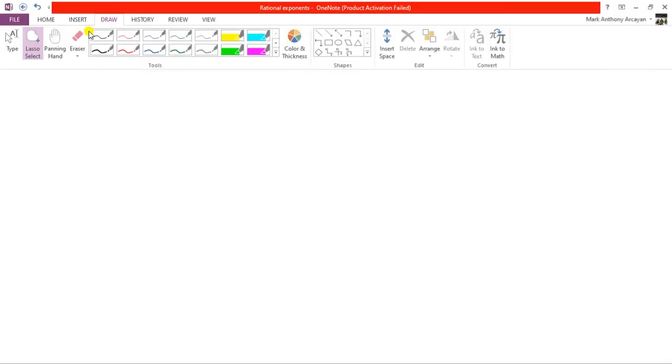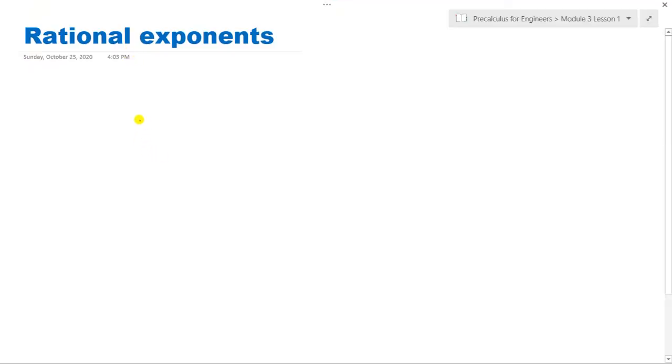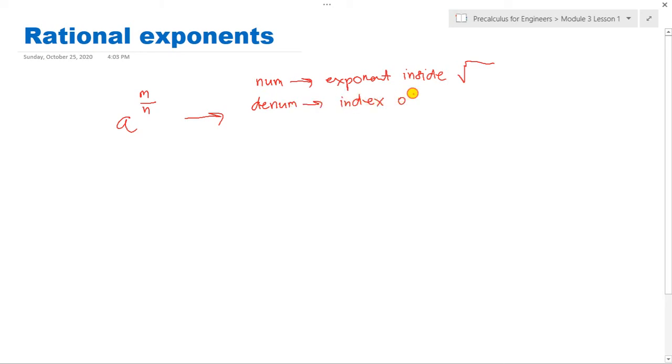Kasi kapag i-convert natin to, let's say if I have here a raised to m over n, if you're going to convert this into radical expressions, note that our numerator is just the exponent inside the radical sign, and then our denominator, again, it's just the index of our radical sign.